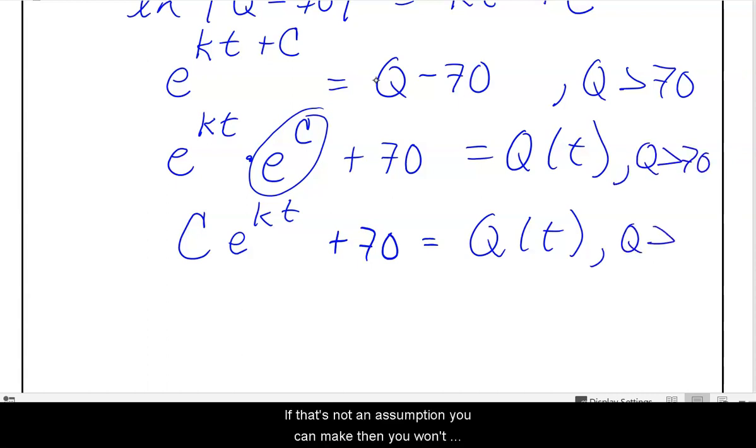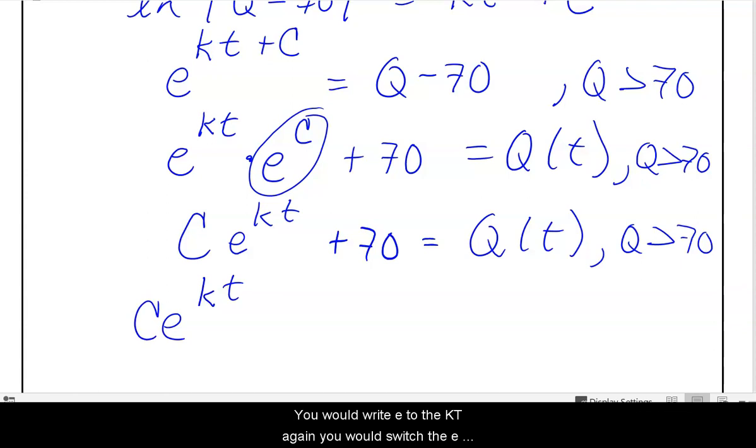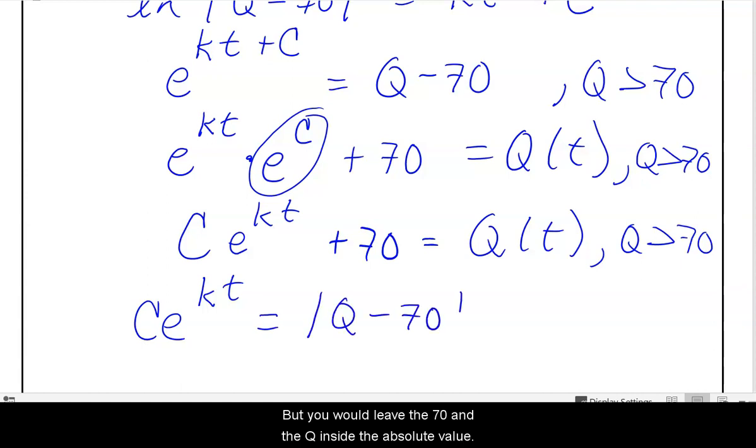If that's not an assumption you can make, then you won't be able to go as far and you won't get an explicit solution, but you'll get very close. Instead, starting back here at this step, you would write e to the kt. Again, you would switch the e to the c to a constant factor, but you would leave the 70 and the q inside the absolute values.